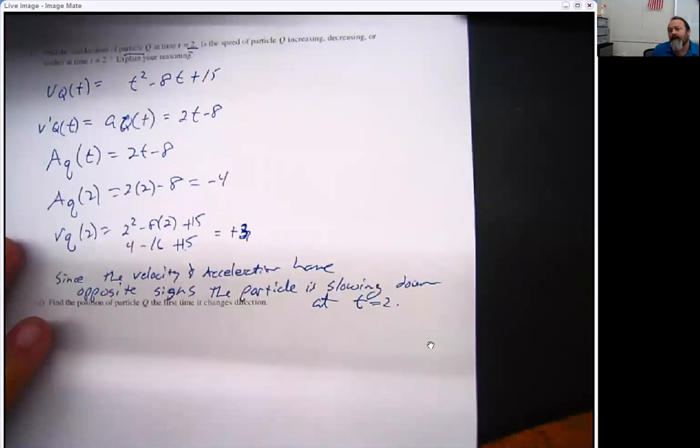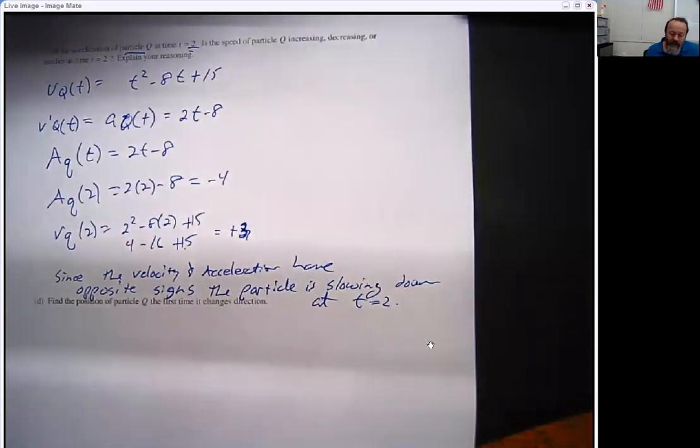Now, a common error that people make in calculus classes and on AP tests is they will just say that it's slowing down, period.